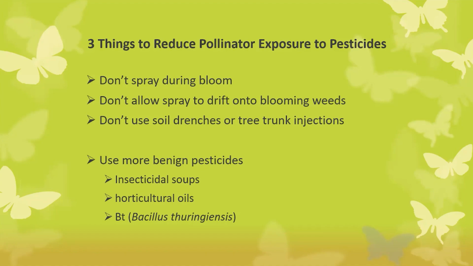And don't use soil drench or tree trunk injections because these would allow the chemical to get inside the plant and it will become present in the pollen and nectar.